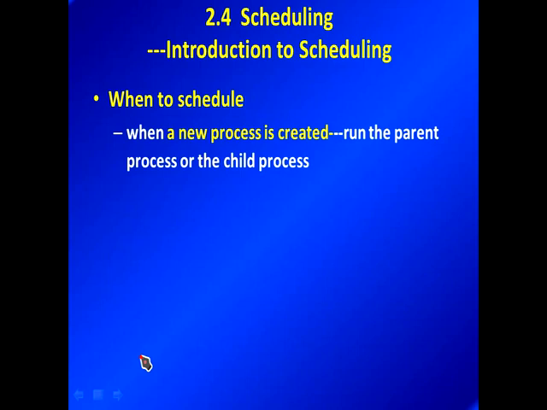And that process is called the parent of this new process. So after a new process is created by its parent process, different operating systems will have different rules or algorithms to decide whether the next process to use the CPU is the parent process or the child process.